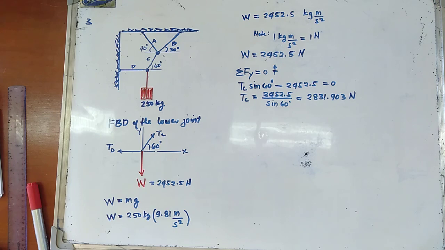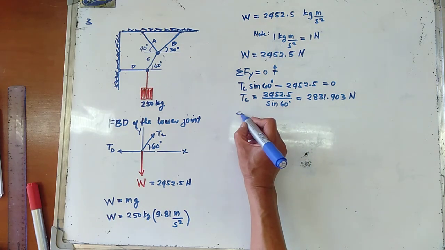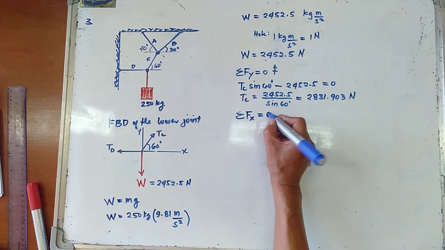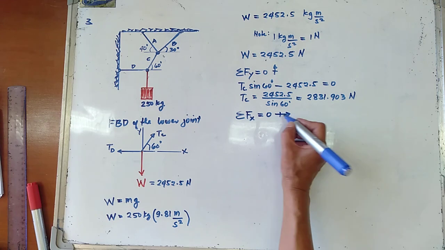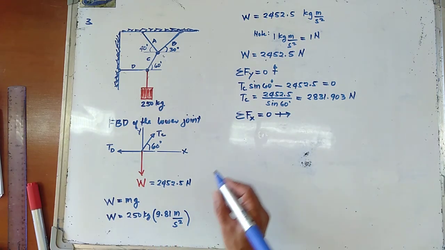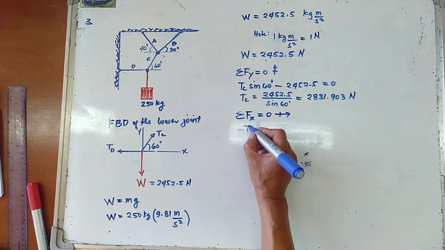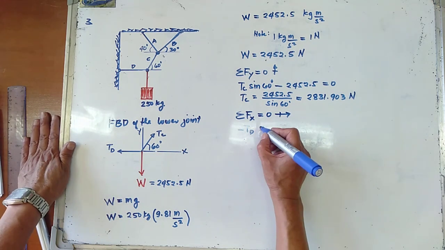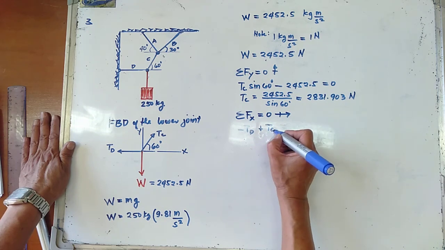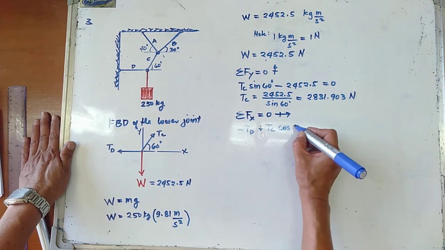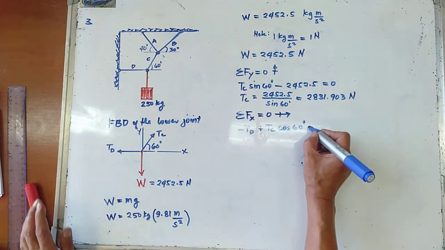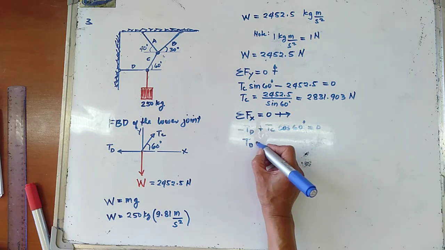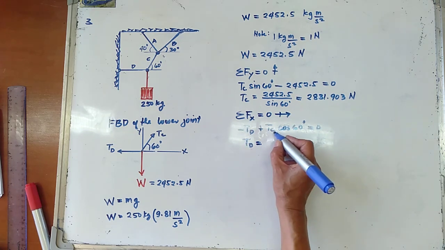Now, let us take the summation of forces along the x-axis equal to 0, to the right forces positive. So, minus TD, that is directed along the x-axis, plus TC cosine of 60 degrees equals 0. So your TD is equal to TC cosine of 60 degrees.